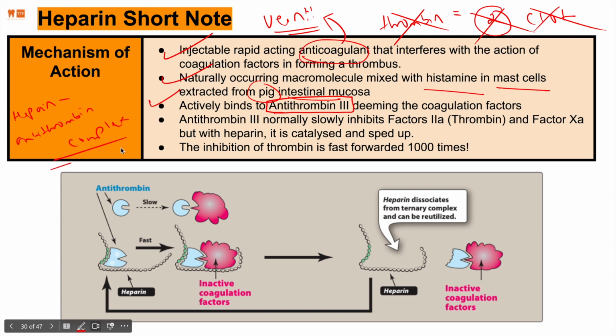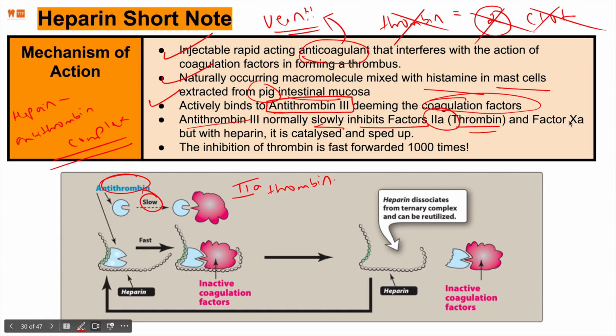What does this do? This prevents the activation of coagulation factors. Antithrombin 3 normally slowly inhibits factor 2A thrombin. Okay, essentially it does, like antithrombin right here, it slowly inhibits factor number 2, which is thrombin.